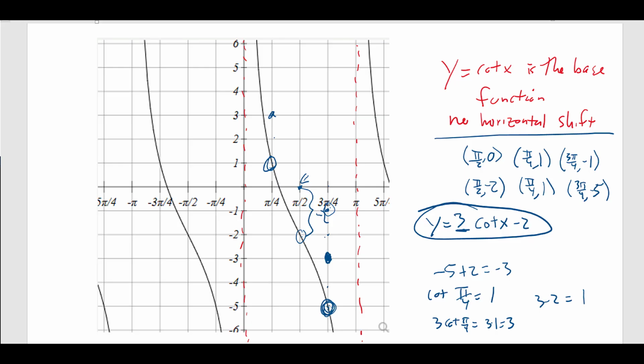Then multiplying by 3, negative 1 times 3 is negative 3. 1 times 3 is 3. That gives us those stretches. Then the vertical shift is what brought it down. So that is finding the equation of this graph.